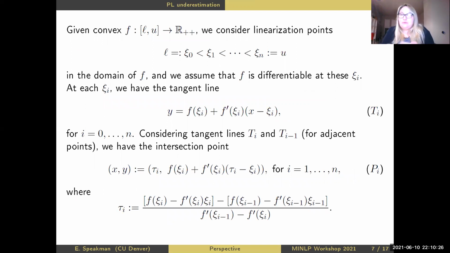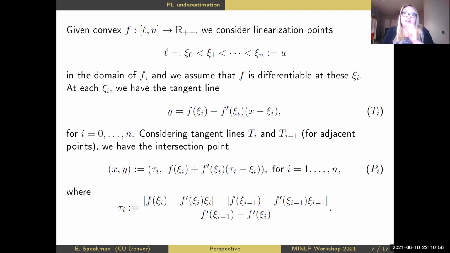Okay. So how are we going to find our piecewise linear under-estimator? Well, I've got my convex function f, and I'm interested in it on this interval between L and U. So what I'm going to do is pick n linearization points, or in fact, n minus 1 with our notation, n minus 1 linearization points between L and U. Each of these points is in the domain of f, and I'm going to assume that my f is differentiable at each of these points.